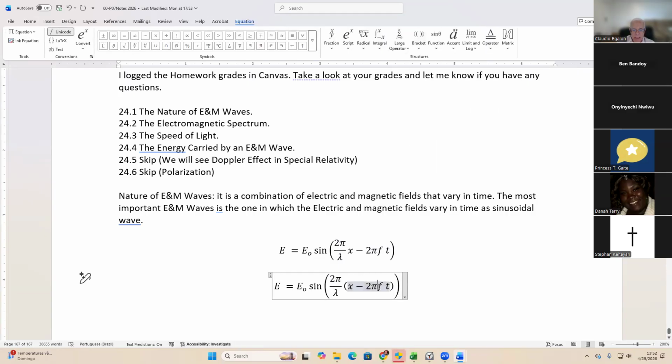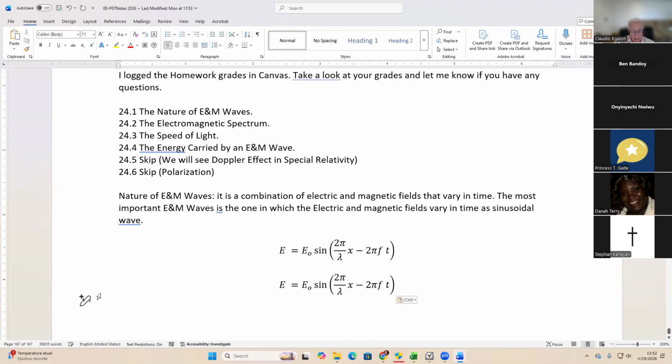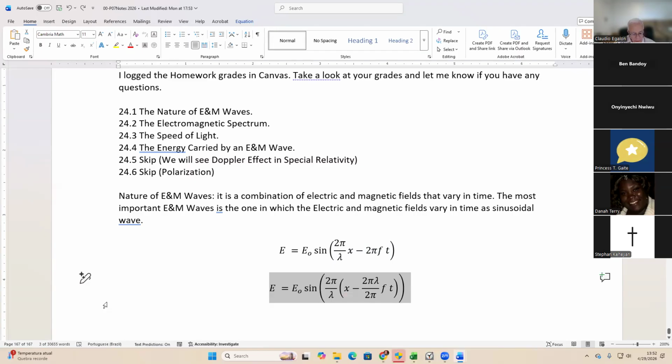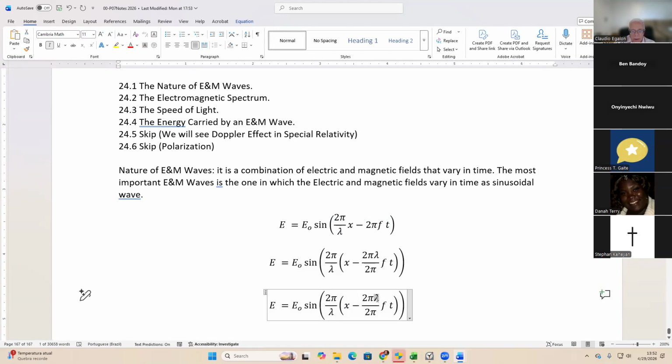When we put the k term in evidence, we have to multiply by lambda and divide by 2 pi. What happens to the 2 pi here? The 2 pi cancels out, and we're left with lambda f.